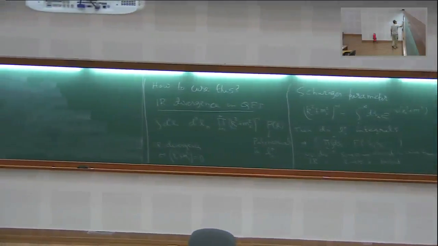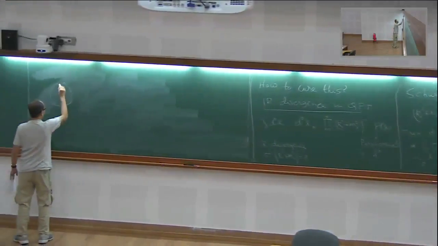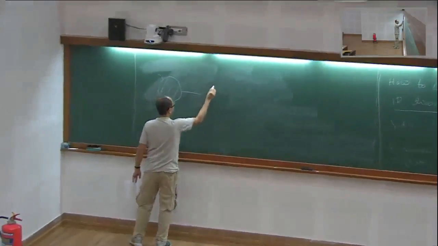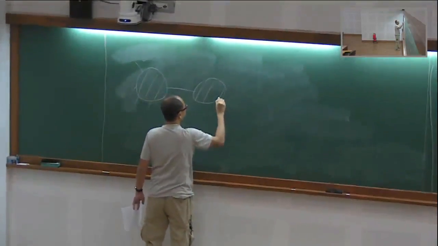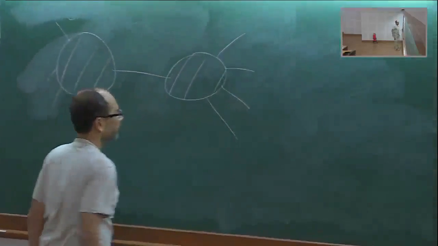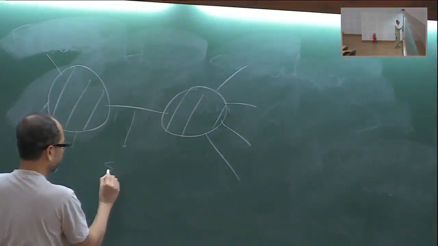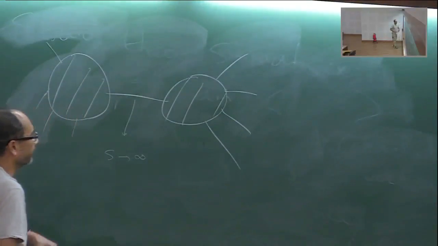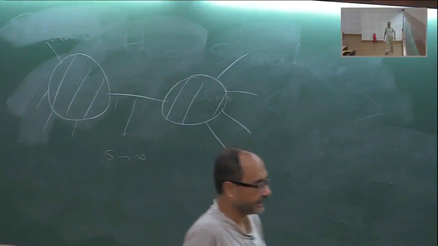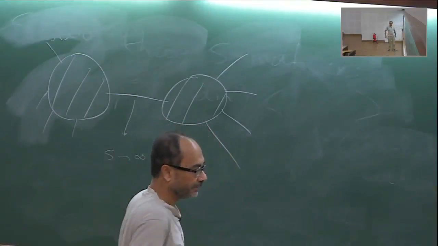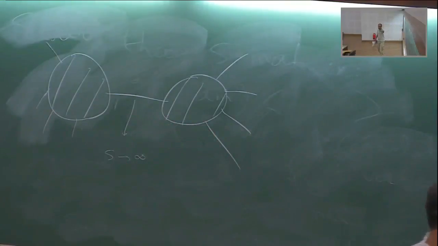If you take a Feynman diagram of the following form, this is an arbitrary blob. Take a Feynman diagram of this kind, and suppose this Schwinger parameter goes to infinity. These kinds of Feynman diagrams, in the s goes to infinity limit, correspond to the degeneration that you see on the left.